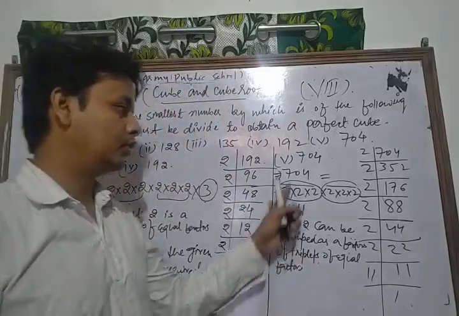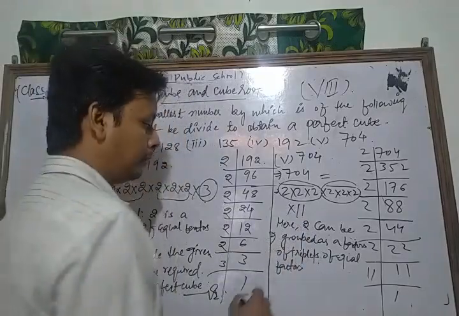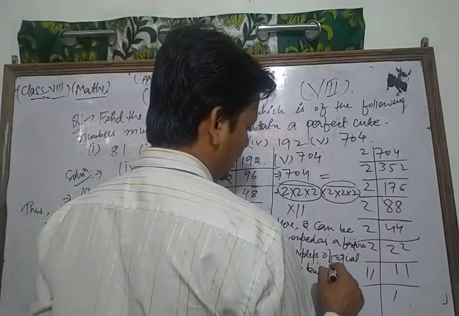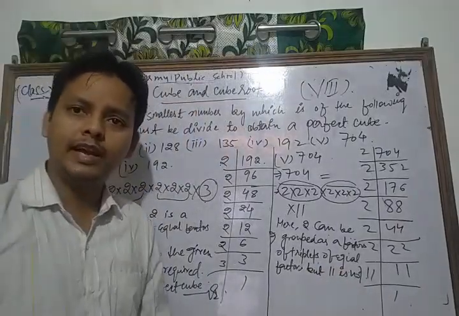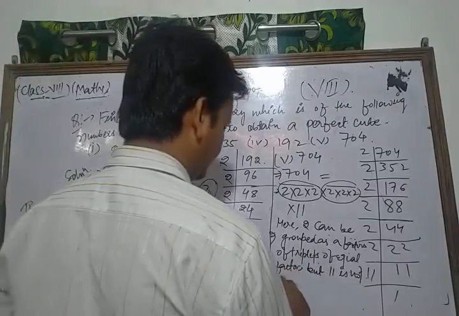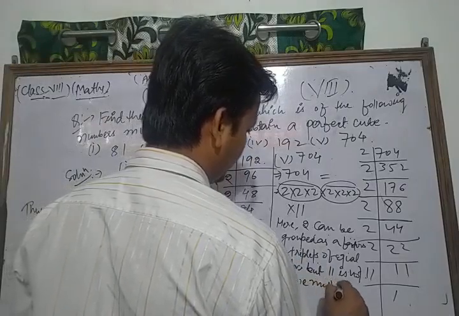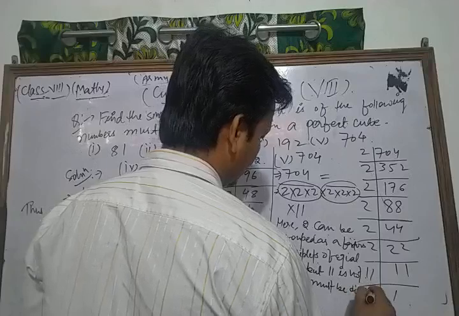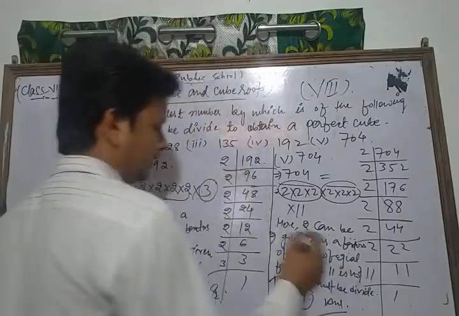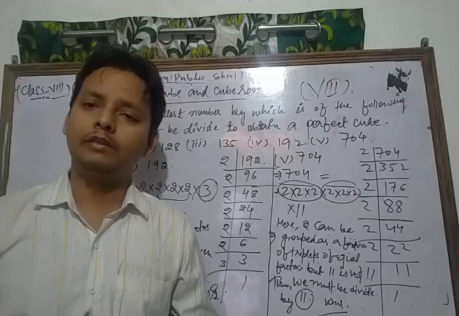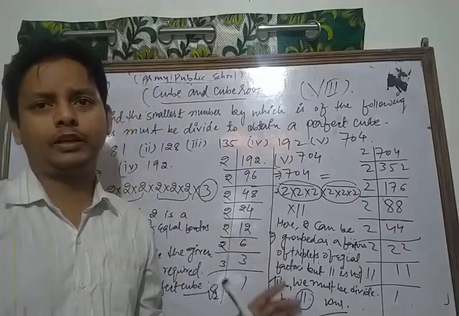Let's see, here 2 can be grouped as factors in triplets of equal factors, but 11 is not, so thus we must divide by that smallest number, 11. We must divide by 11 so that the required number is a perfect cube.